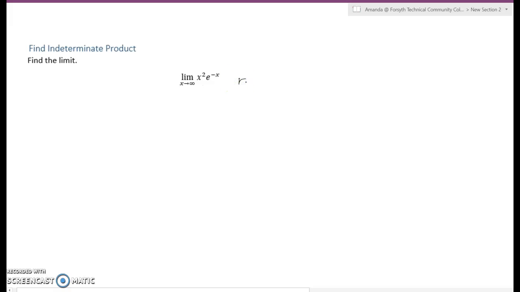We can rewrite this. Sometimes we can take a product and rewrite it as a quotient. So keep in mind, if you're looking at something that's a product, you might be able to rewrite that as a quotient. So here I'll rewrite this as the limit as x goes to infinity of x squared, and this is e to the negative x, so I'm just going to drop that down to the bottom.